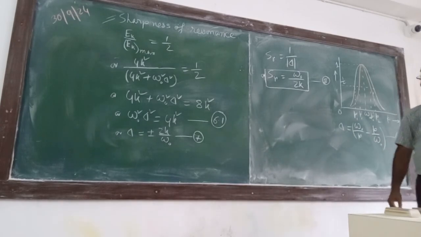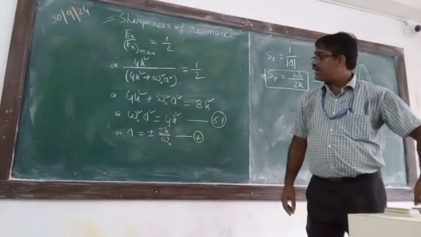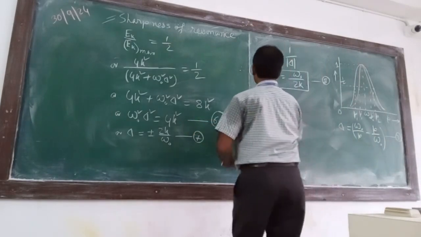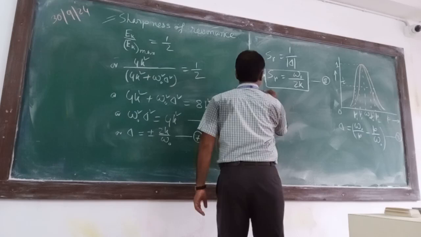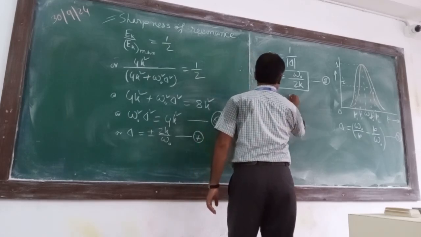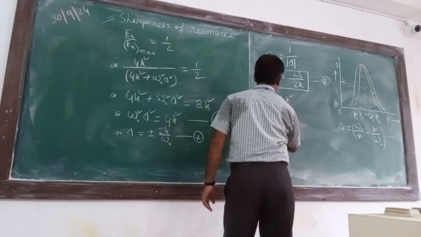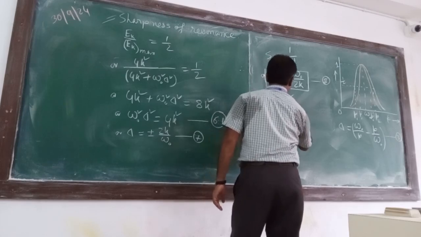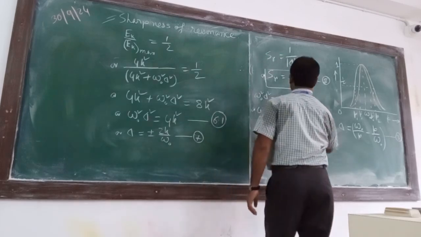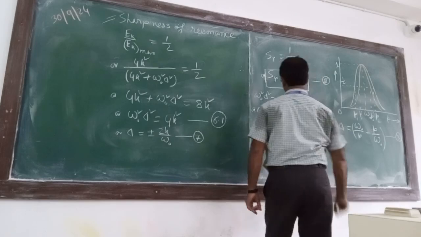From equation 6.1 we get omega naught square del square equals to 4k square, or omega naught square into (omega naught by p minus p by omega naught) whole square equals to 4k square.